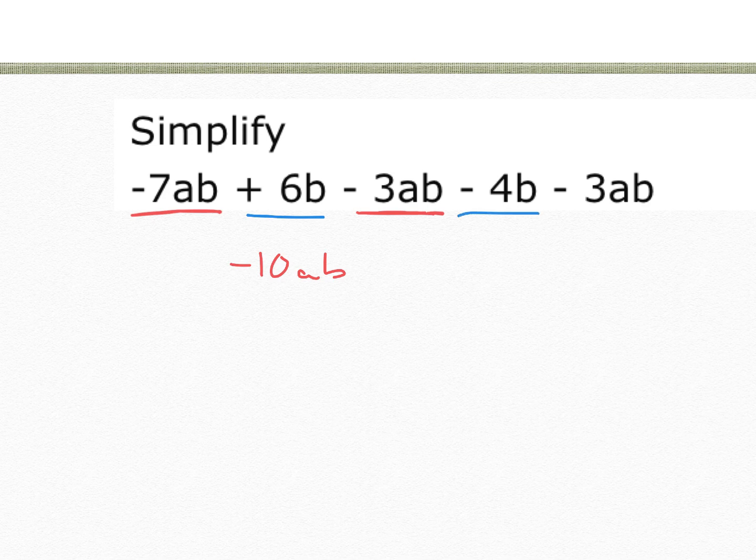Negative 4b. So it's 6b minus 4b. Plus 2b. Oh, and there's another negative 3ab. So that goes with this one here. So it's negative 10ab minus 3ab, negative 13ab. So negative 13ab plus 2b is our answer.